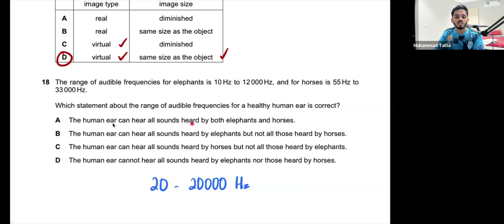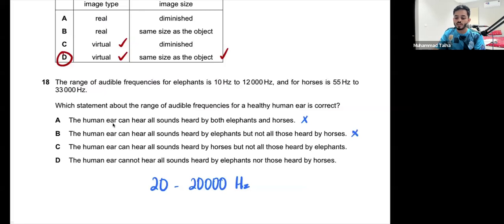Is this true? This is obviously not true because humans can only hear as low as 20, but elephants can hear as low as 10. Similarly, horses can hear as high as 33,000, but humans can only hear as high as 20,000.